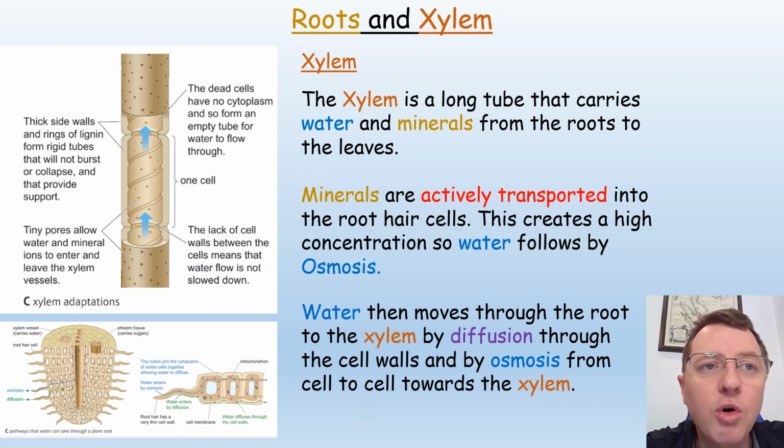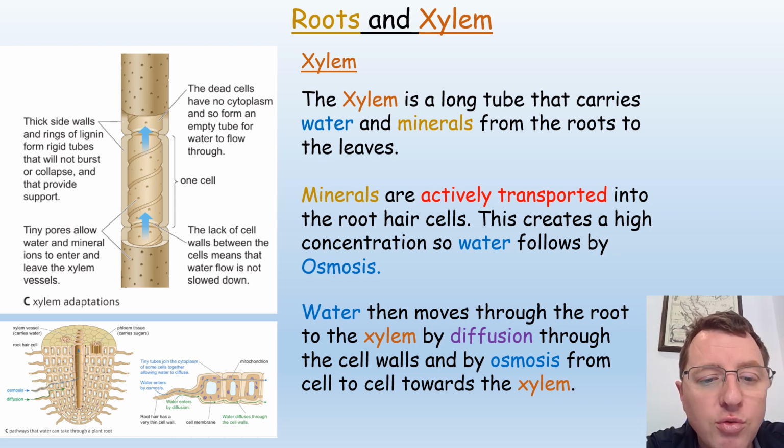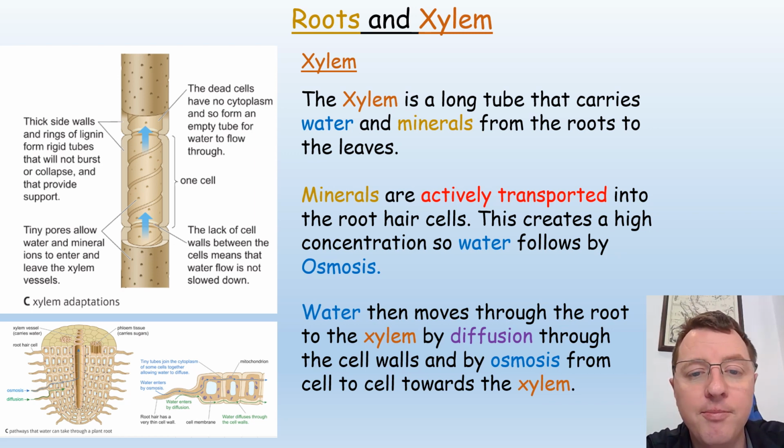Now, once the water and the minerals are inside the cell, they will be inside the plant. They will be transported by the xylem. And the xylem is a long tube that carries water and minerals from the roots to the leaves. Minerals are actively transported into the root hair cells. Don't forget that needs energy. That means that there will be a large number of mitochondria within those root hair cells to carry out that respiration and release the energy needed for active transport.